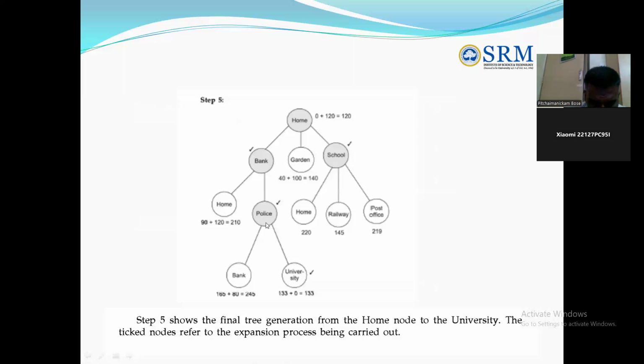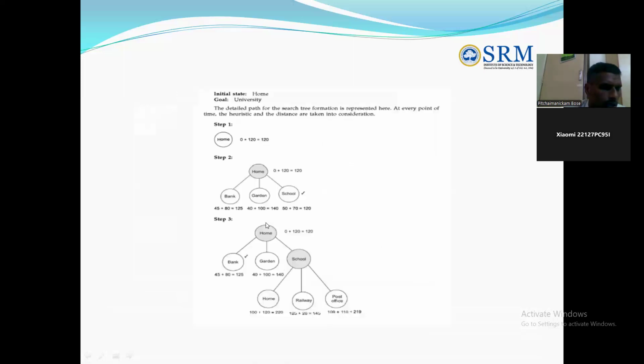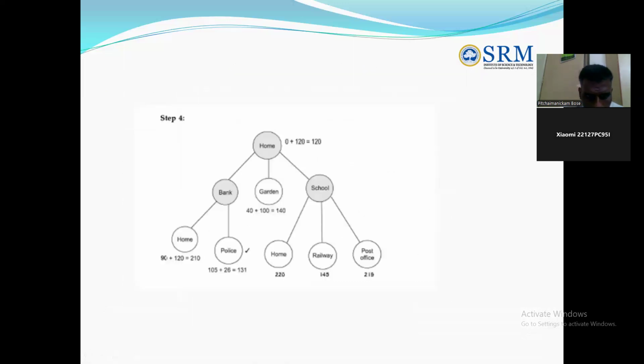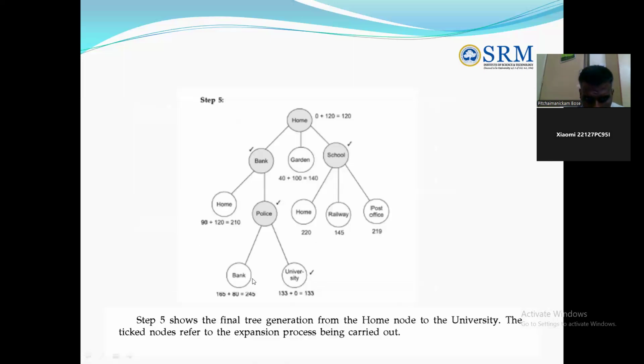So we take police, which means we take two options: bank or university. You just note it down. Bank or university: 165 plus 80 is 245.